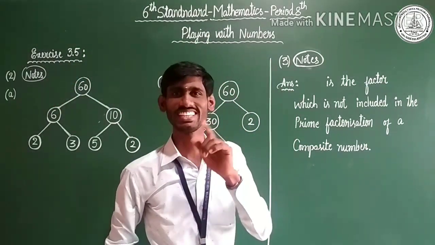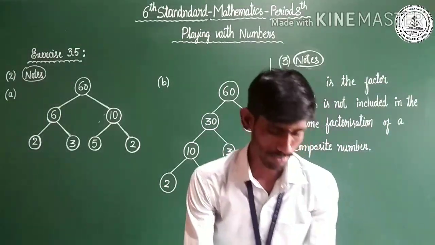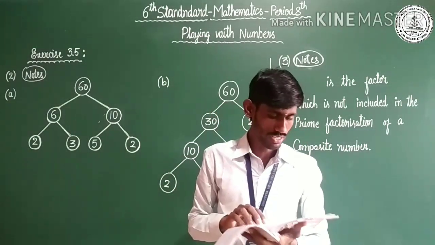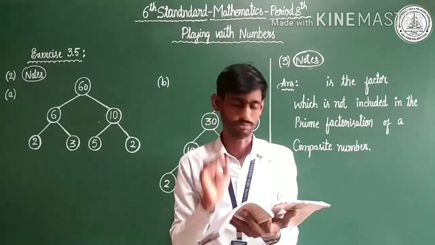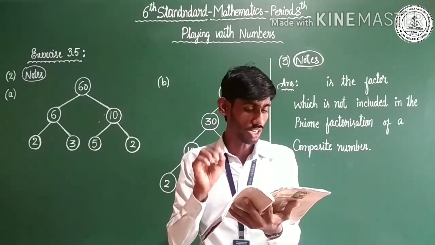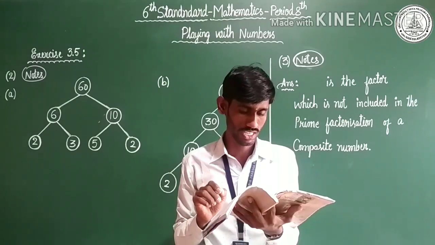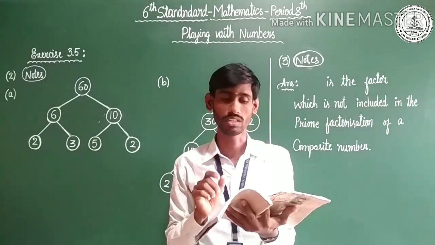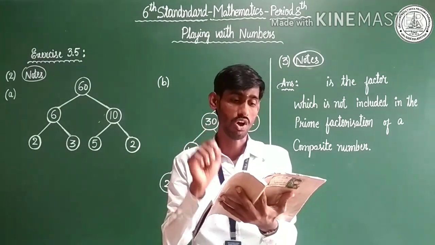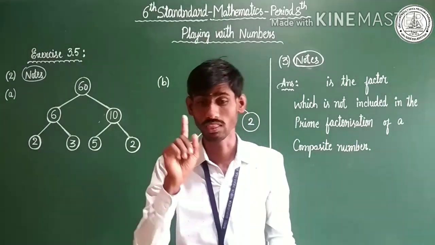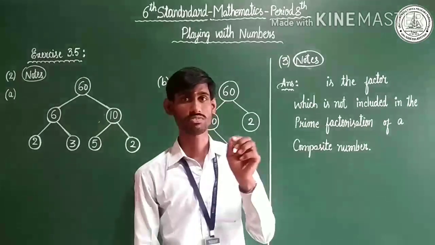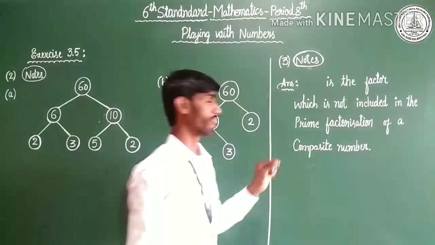Let us come to the third question, page number 62. All of you observe the textbook if you have. Which factors are not included in the prime factorization of a composite number?